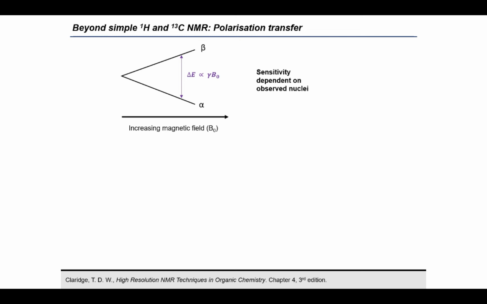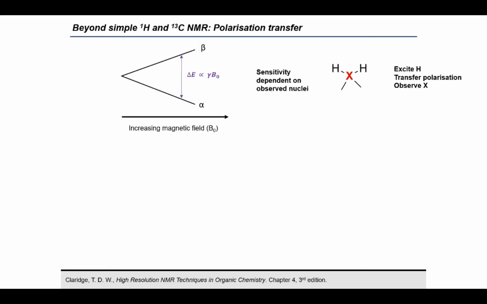Now, what polarization transfer does as a technique is it takes one more sensitive nuclei, usually proton, and transfers some of that sensitivity to an adjacent less sensitive nuclei, often but not always carbon. So what we do is we essentially excite on the proton, we transfer that excitation onto our X nuclei, and then we measure on X.